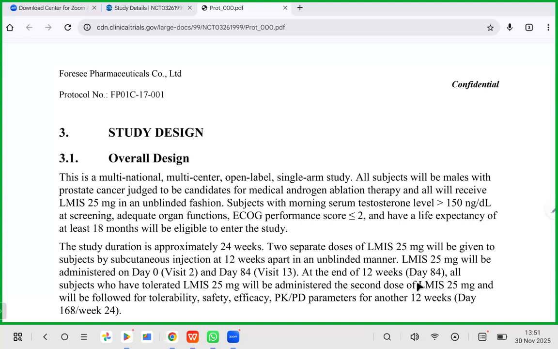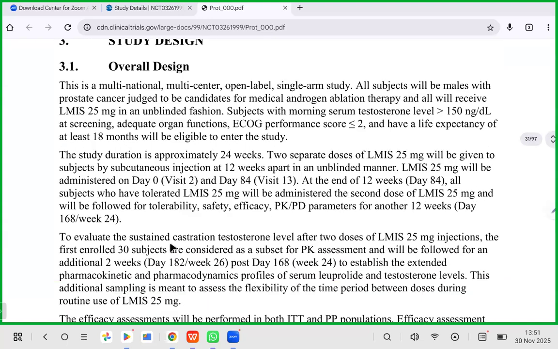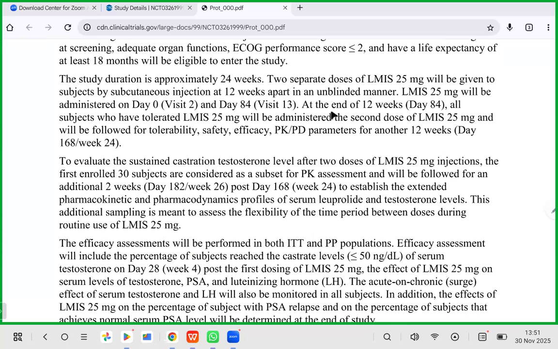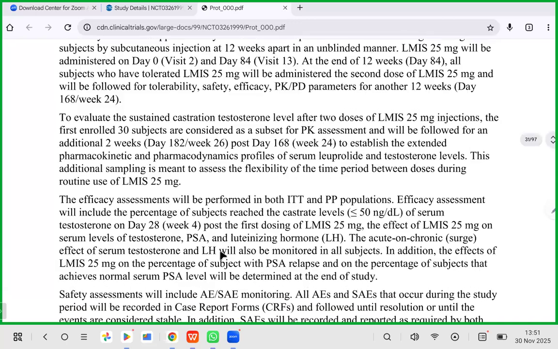At the end of 12 weeks, all the subjects will be administered the second dose, and then they will be followed. So the programmers will read this carefully, as it tells on what day the participants will receive the drugs. All this happens before the clinical trial starts.